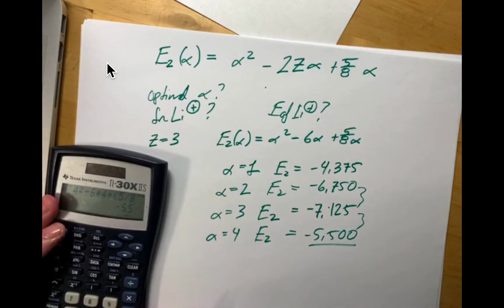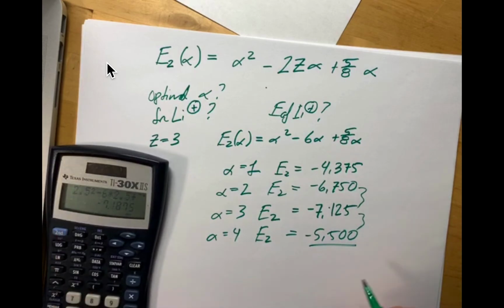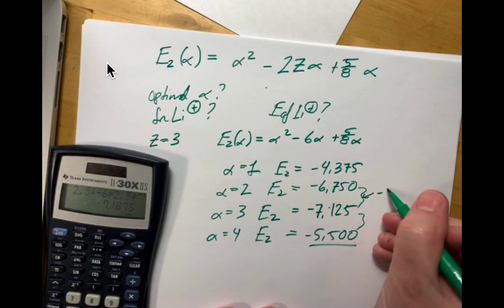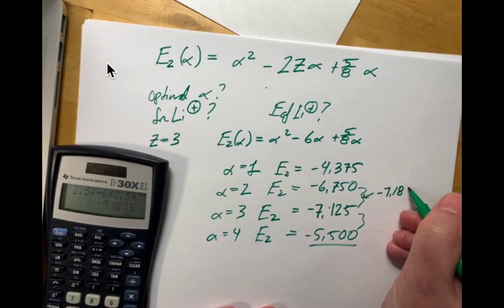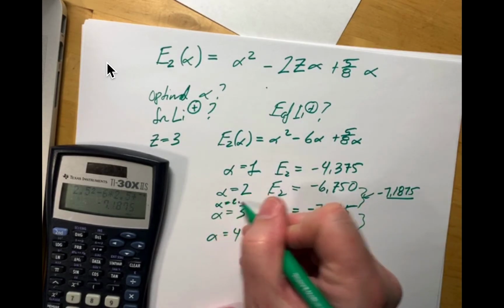So let's try 2.5. 2.5 squared minus 6 times 2.5 plus 5/8 times 2.5. Okay, this gives me minus 7.1875 for alpha equal 2.5.